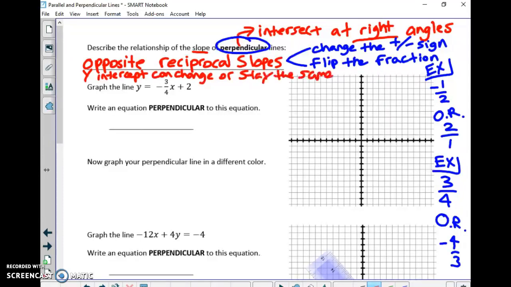Doesn't matter what the y-intercept is. The only thing that matters for perpendicular lines in their equation is that the slope changes the sign and flips the fraction. We call that opposite reciprocal, or Miss Marrero doesn't like the word opposite reciprocal. She says negative reciprocal. Now, that doesn't mean it's always negative, but that means you change the sign.